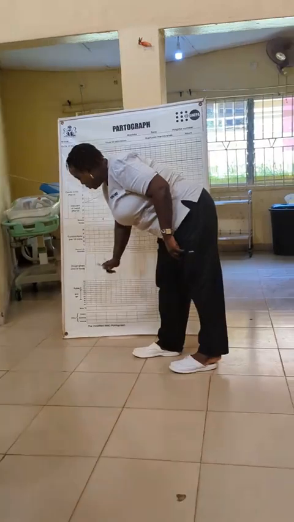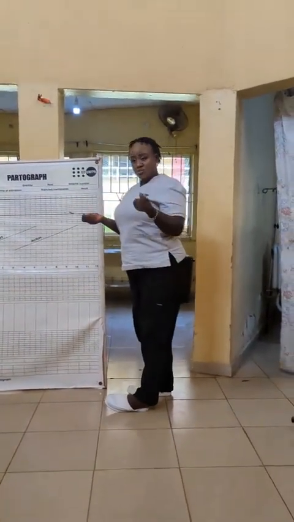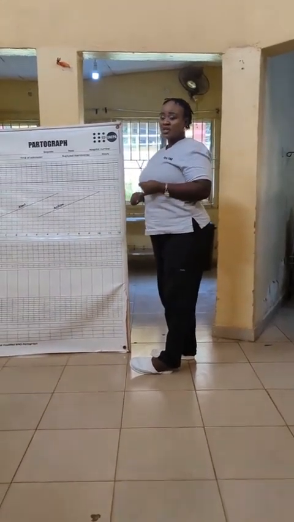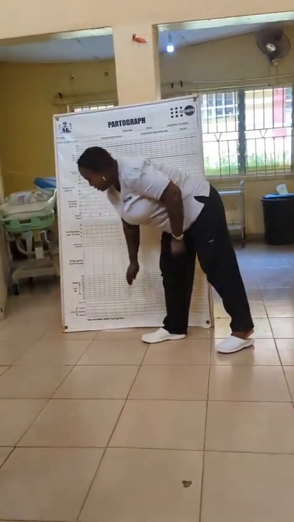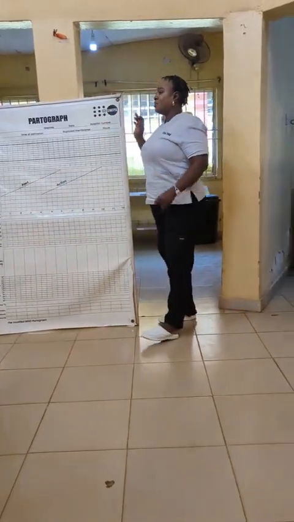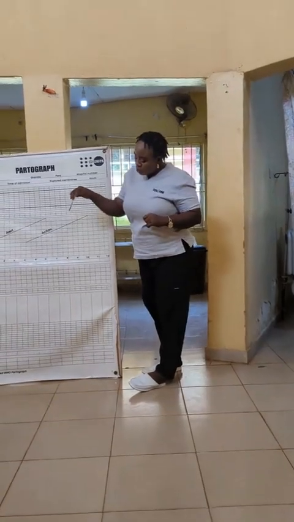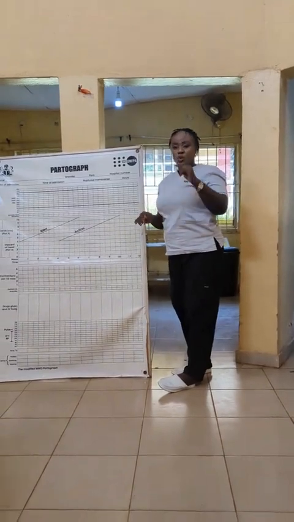The volume too is very important, because you have to measure how many mils by using a measuring jug. If it's 200 mils, you write it there. I always tell my people and even my students that it's better you use the measuring jug so that you can easily know the quantity.